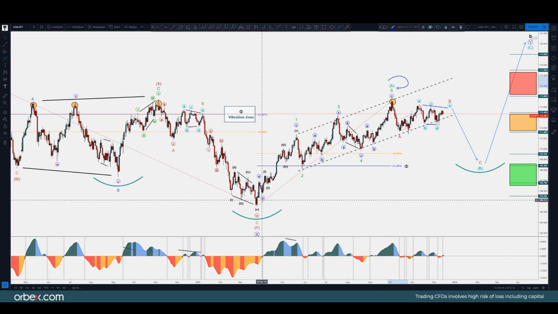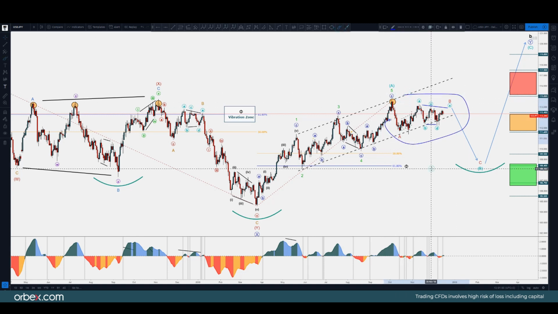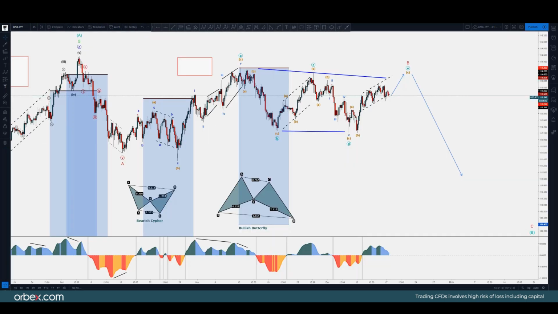I'm labeling it within an ascending channel, with minor waves green 1, 2, 3, 4, and then 5. Then it started making a mess right here. USDJPY is consolidating right now, but for this particular structure, I'm going to jump to the 4-hour time frame for a closer look.